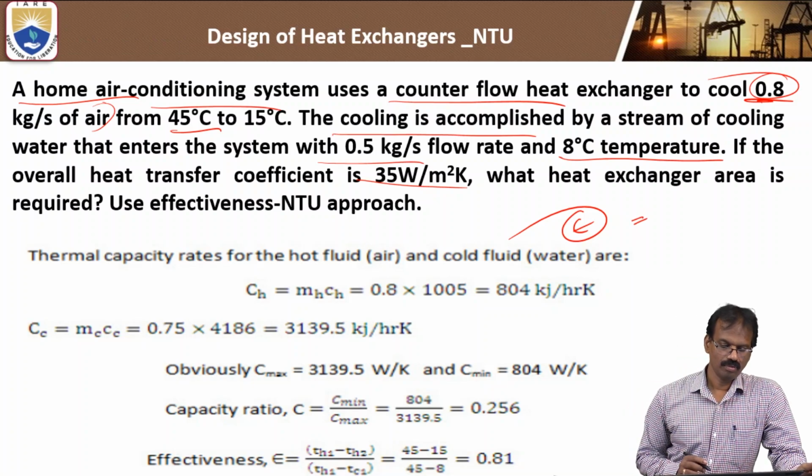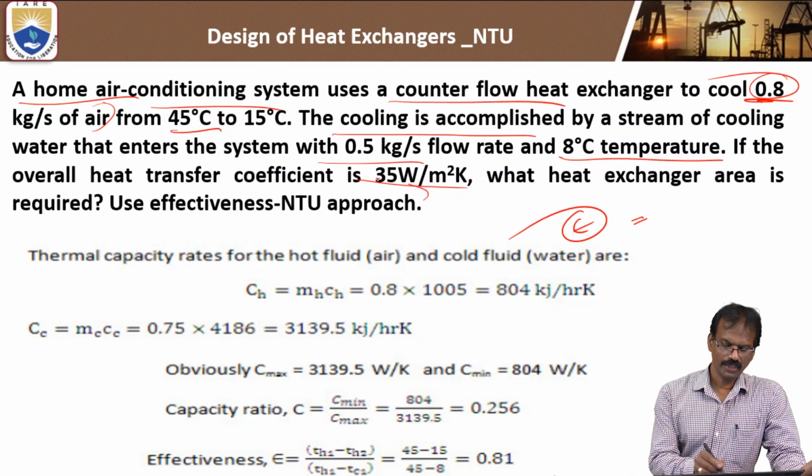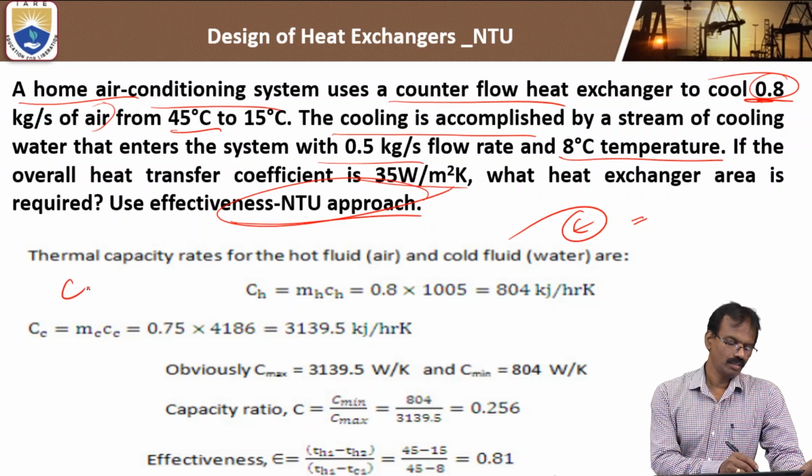So first of all, for the NTU method, one thing you should know is that you have to identify the C minimum and C maximum. For this, you have to find out CH and CC. CH is equal to MH CPH.